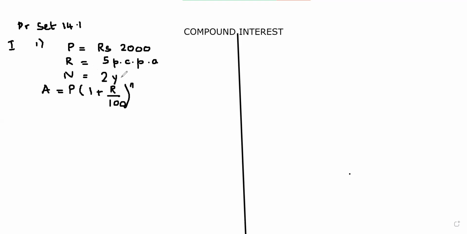Now we can calculate amount is equal to principal into (1 plus R upon 100) raised to N. So we use this formula where we calculate the amount.